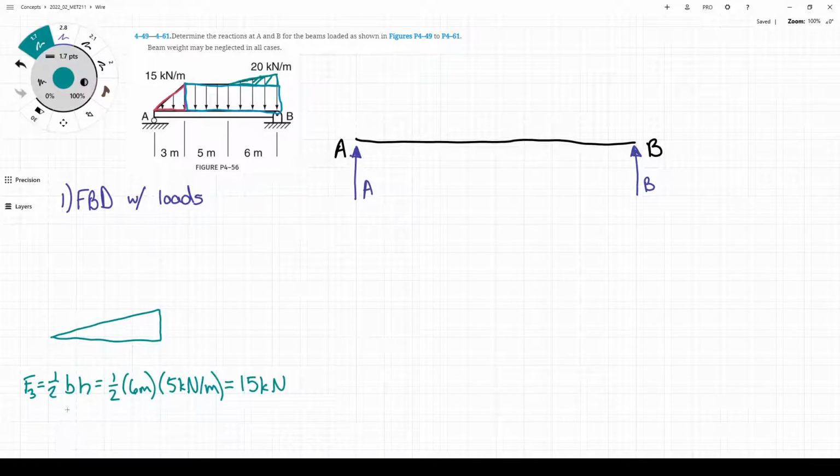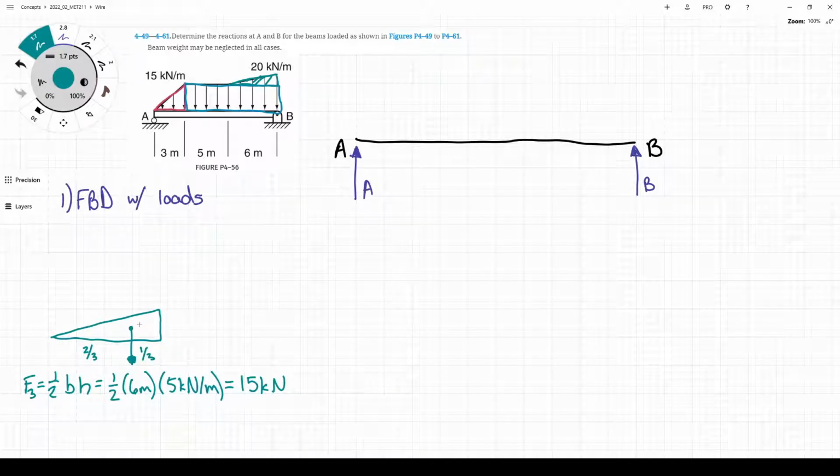And if you look in your textbook, the example for distributed loads shows where to locate this point force. That force is going to be 1/3 of the base from the high end, or 2/3 of the base distance from the low end, the tip of the triangle.